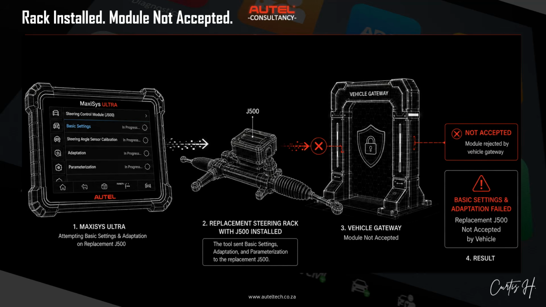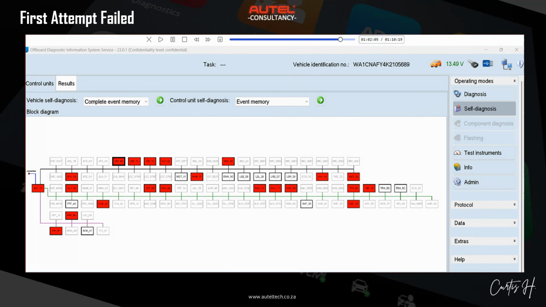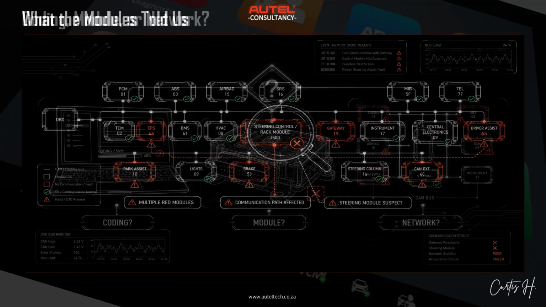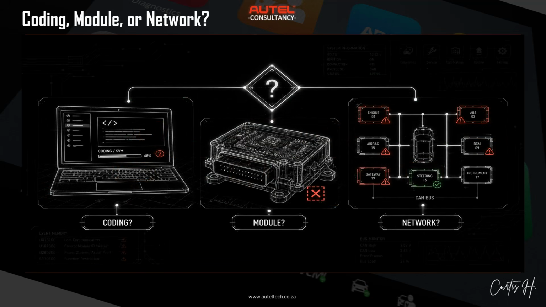So what I did was I remoted into his laptop and I programmed the module and did all the basic settings and relearns, and we still had all these codes. Normally, when you program something and do everything to the T, these codes should be virtually gone. So I was thinking, okay, there's a couple possible issues.